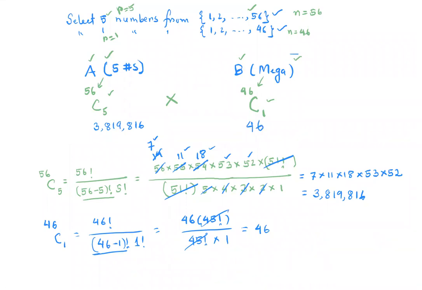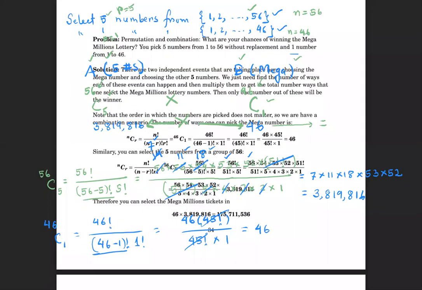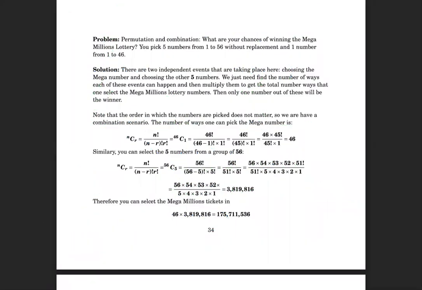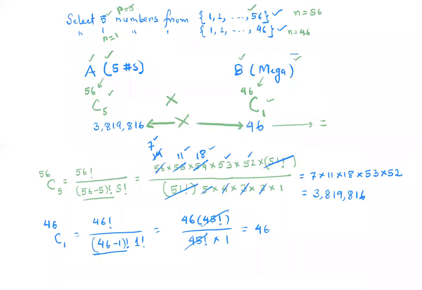Together, how many different ways can they happen? This number multiplied by this number will give you this number. Let me look it up. What number is it? 175,711,536.